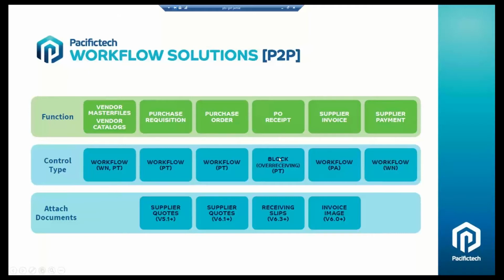One where we don't have a workflow is on receiving, but we can block over receiving, so that provides a good control there. So really, the end-to-end P2P process can be workflowed and controlled using our solutions. And then down the bottom are the different places where you can attach files using the workflow documents module.